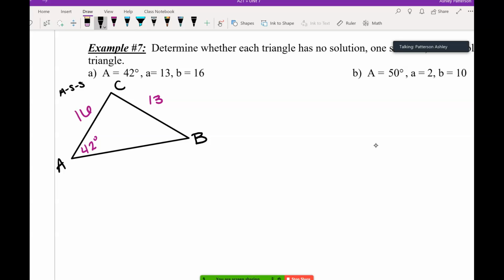I'm going to examine the corresponding side, which is 13, in relation to the product of the non-corresponding side, which is 16, times the sine of the given angle, which is 42. Okay, so 13 times the sine of 42, making sure that your calculator is in degree mode.